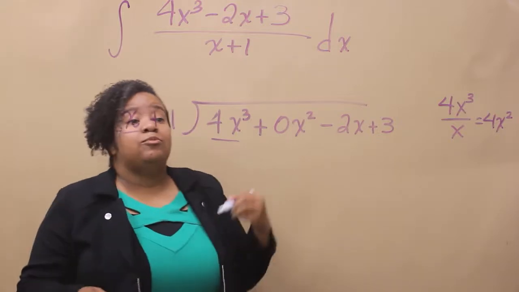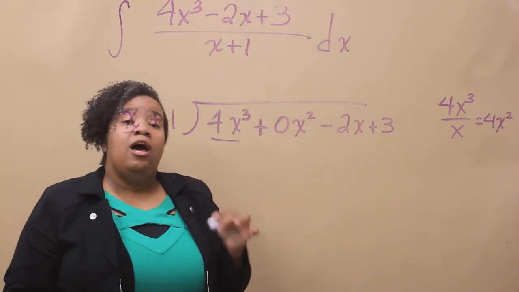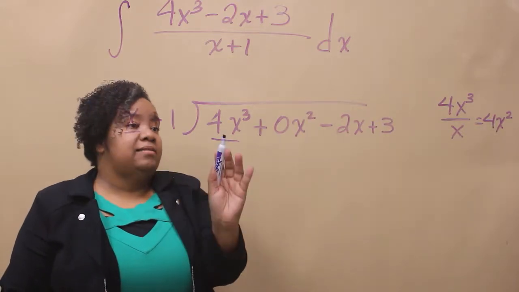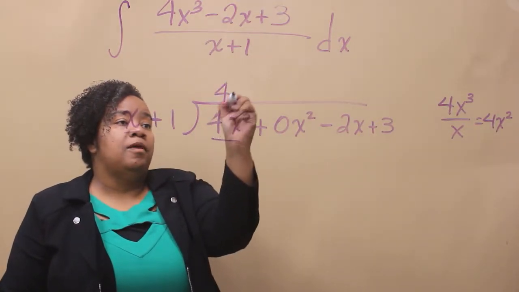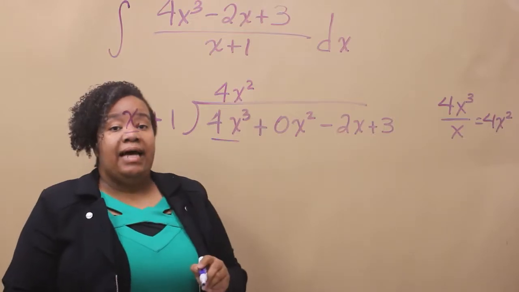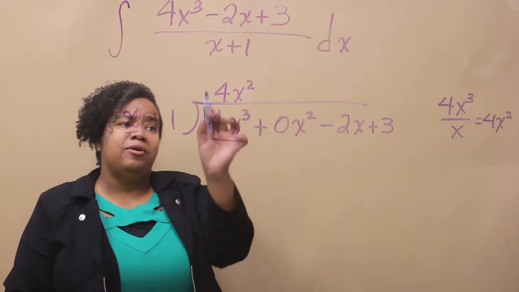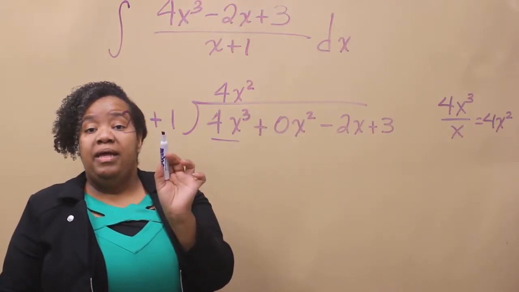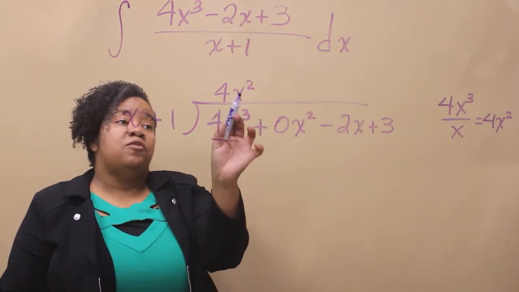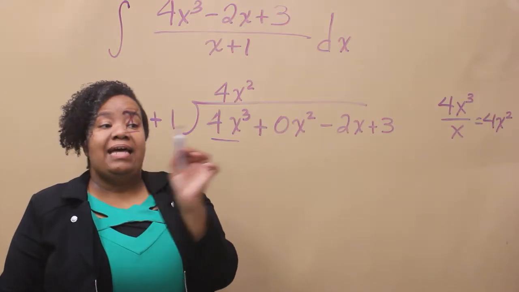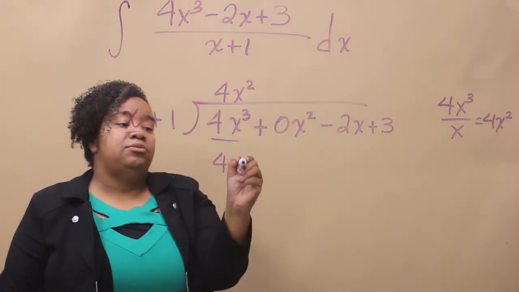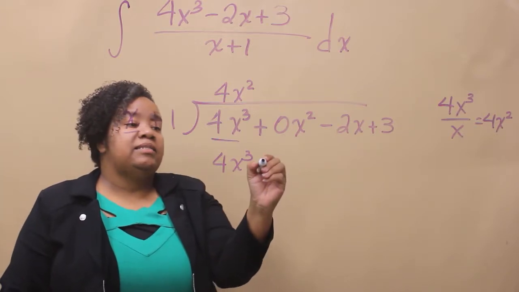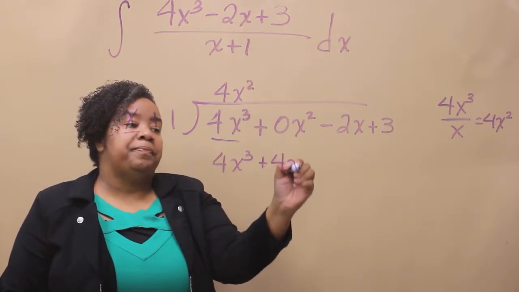So I say x goes into 4x cubed 4x squared times. Now I'm going to take this number and multiply it by each term in my divisor. So 4x squared times x is 4x cubed. 4x squared times 1 is 4x squared.